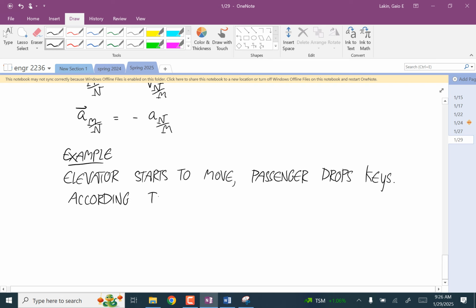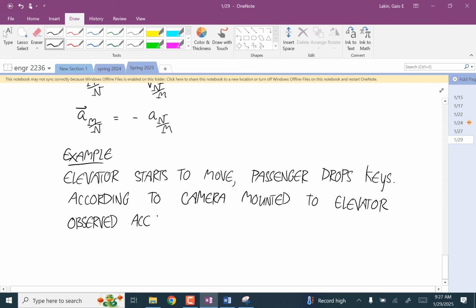According to a camera that's mounted to the elevator, the observed acceleration is 11.5 meters per second squared down. So that's just what the camera sees. And the question is, what's the acceleration of the elevator?